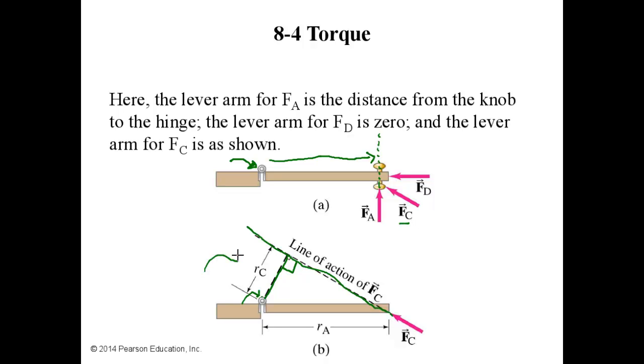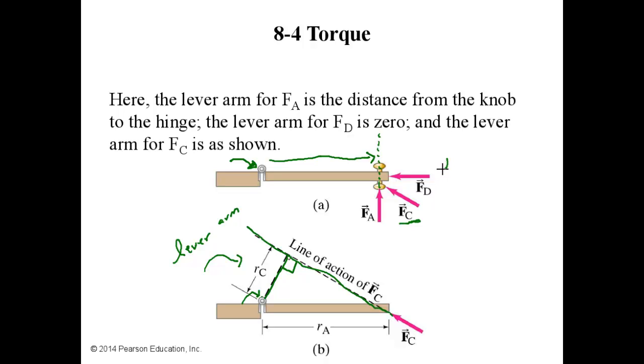So for force C, this distance RC right here is going to be our lever arm, and you can see that that's a much smaller distance than RA, and you know kind of intuitively that if you shove a door from the side, as with force C right here, it's going to produce less torque on the door. It's not going to shut it as efficiently.